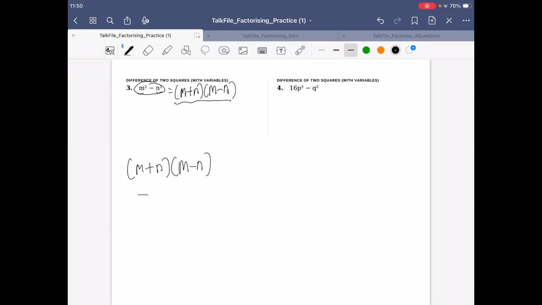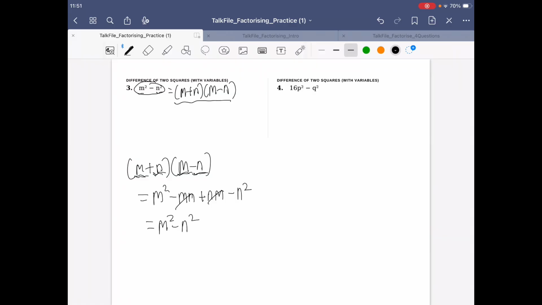You can just expand it one by one. m times m, so m squared, and then m times minus n, that's how we get minus mn. Then n times m, so plus nm, and n times negative n, that's how we get minus n squared. So you can cancel these two, and that's how you get m squared minus n squared.